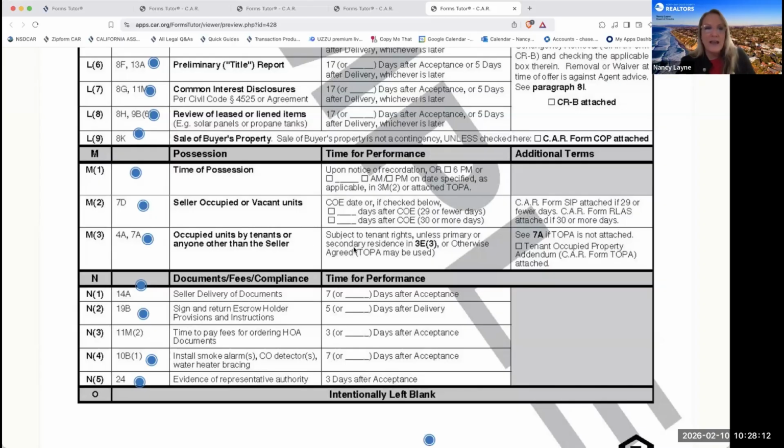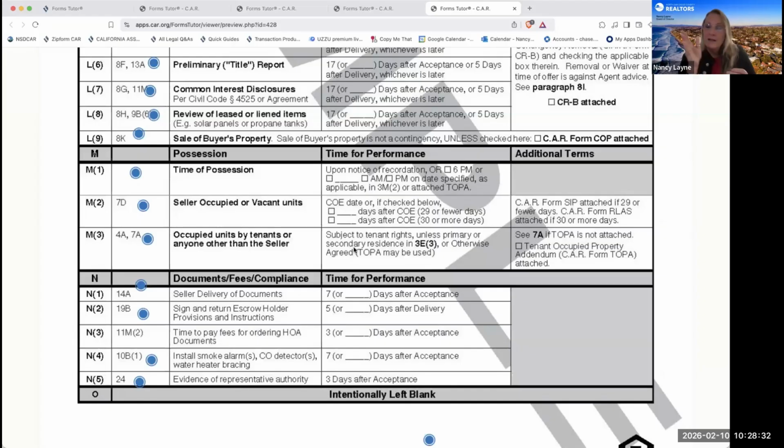Occupied units by tenants or anyone other than seller. This is another one where people get hooked up a little bit. For example, if you have a home with John and Mary Smith and their son Raymond, who is 35 and living in the basement, Raymond is a tenant and he has to have a TOPA on that property.